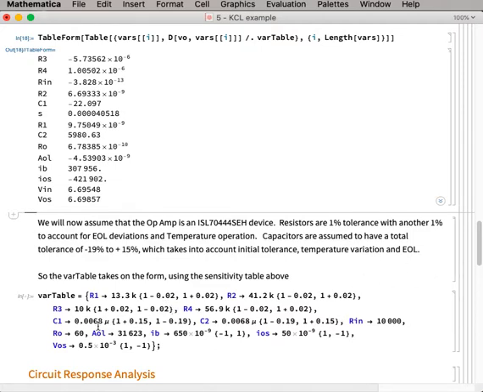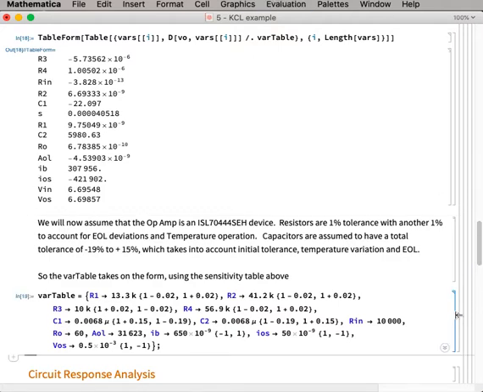So you just go in and set all those up, and now things like the output resistance, IB, IOS, and VOS you get from the spec sheet for the ISL70444SEH.